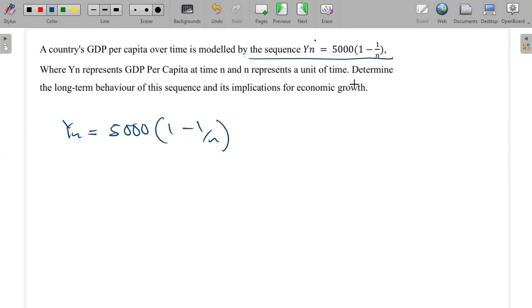Then they are telling us to determine the long-term behavior of this sequence and its implication for economic growth.